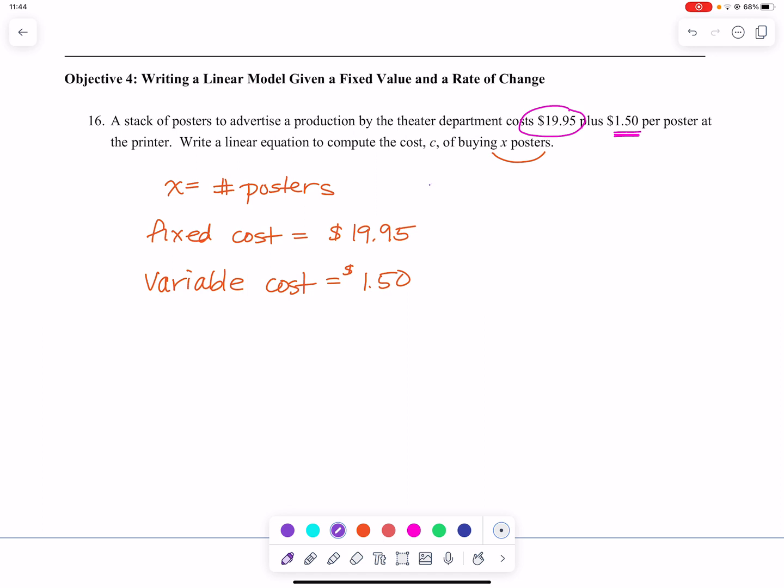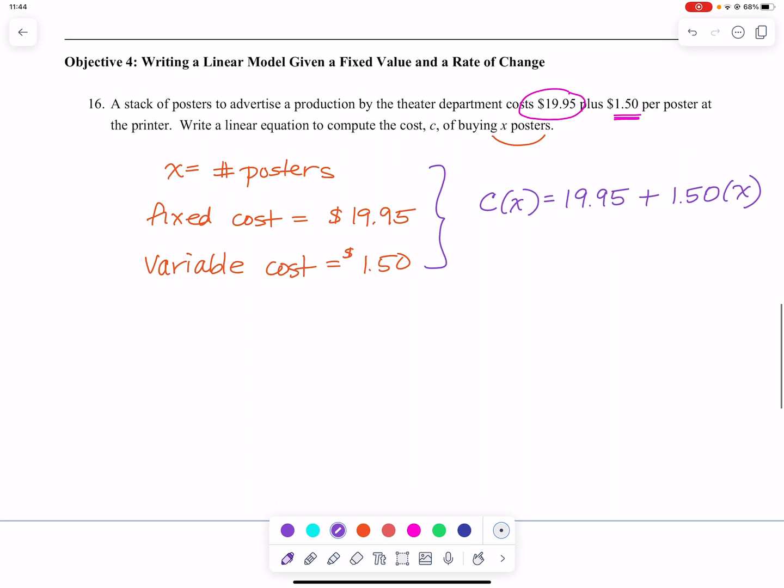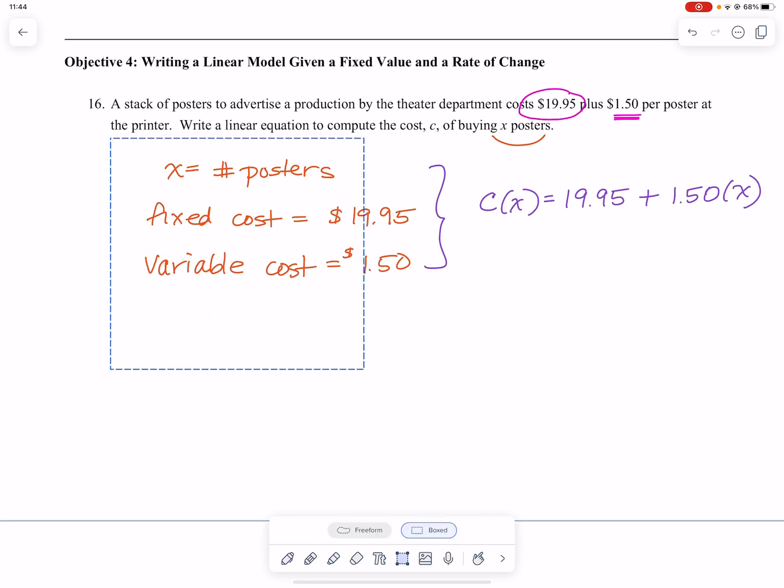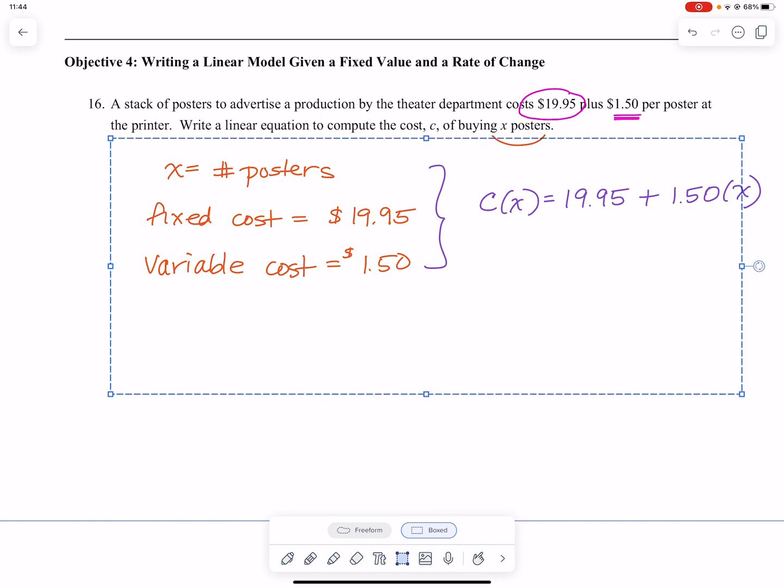So with that, our cost function is going to be equal to that fixed cost of $19.95 plus $1.50 multiplied by the number of posters. So multiplied by X number of posters.